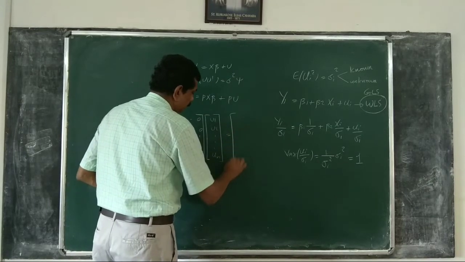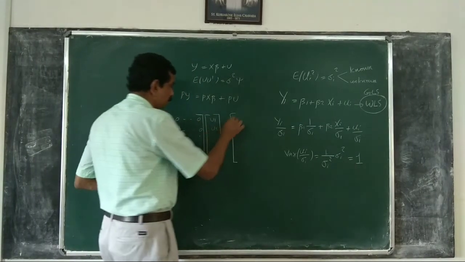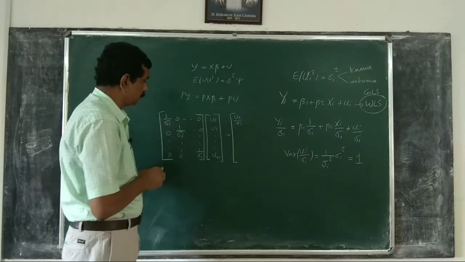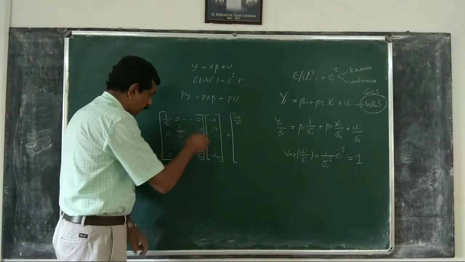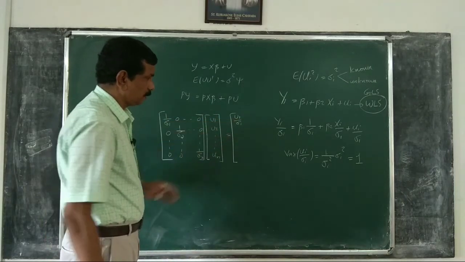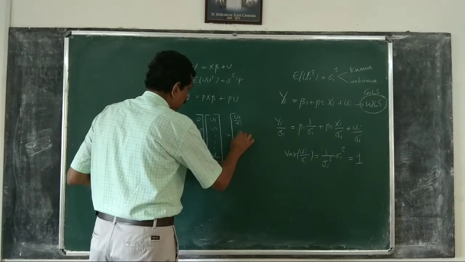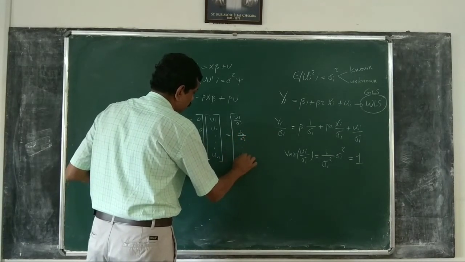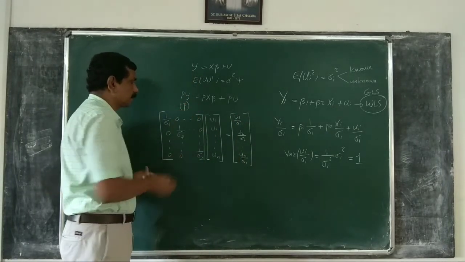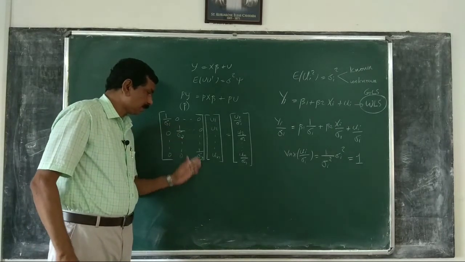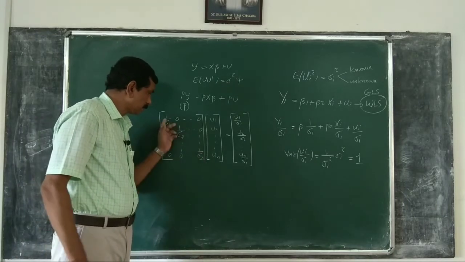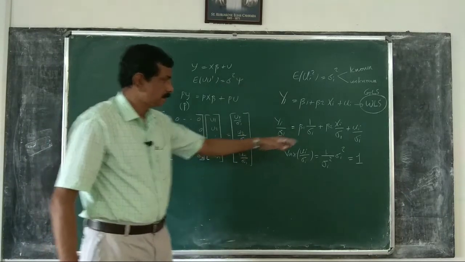If you multiply this with u, you get u1 by sigma 1, then u2 by sigma 2, etc., un by sigma n. So, this is the P matrix here: 1 by sigma 1, 1 by sigma 2, 1 by sigma n on the diagonal. The off-diagonal terms are zeros. Diagonal elements are given. Pre-multiply this, and you will get it.